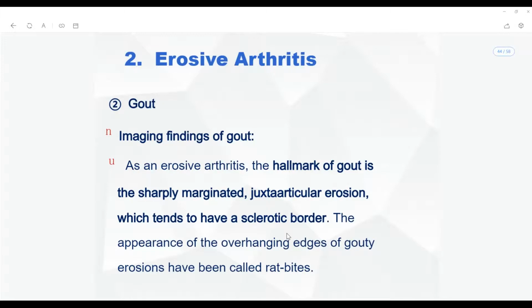Uric acid is a hyperdense material, so they will have sclerotic borders. The appearance will be the overhanging of the edges of the gouty erosions, which are called rat bites. The erosions along the great toe are called rat bites. So that is the finding of gout.